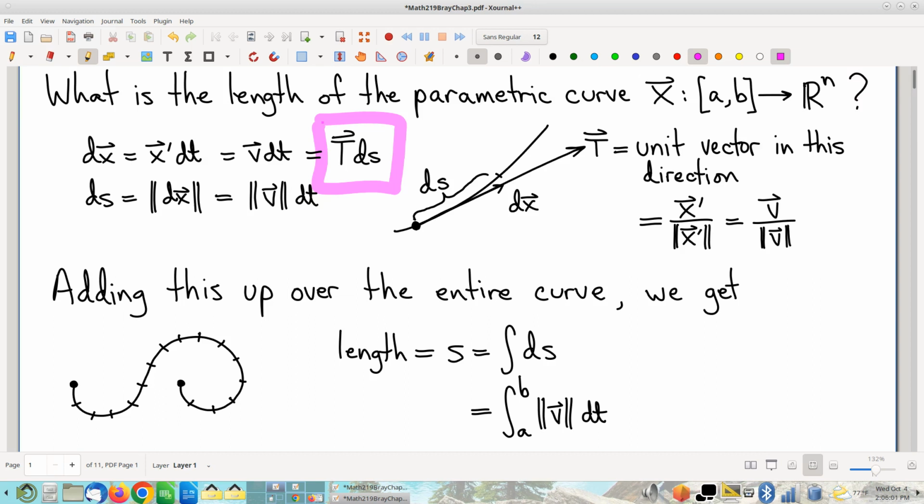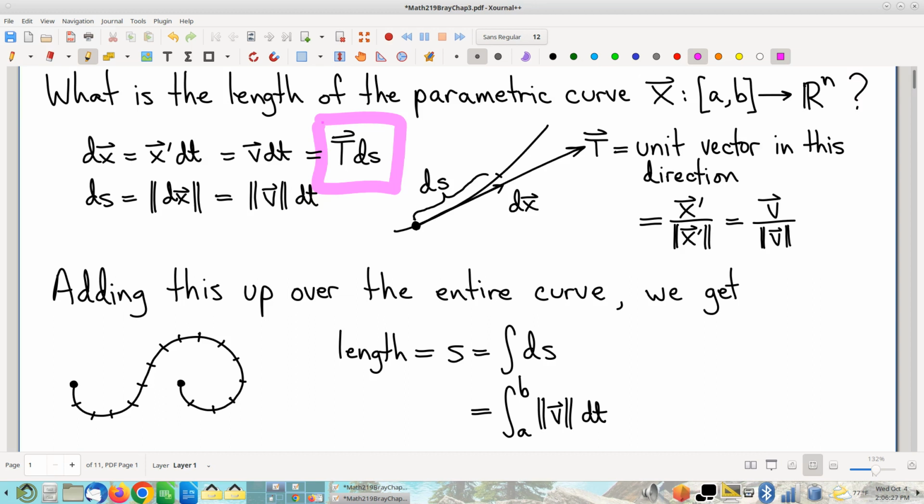So when we write T ds, this is just our sort of classical way of representing the vector dx in terms of just direction and magnitude. T is the unit vector direction of it. ds is the magnitude of it. That's what a vector is. So I like that point of view. I think it's great for intuition. And I encourage everybody to kind of try to digest that idea.